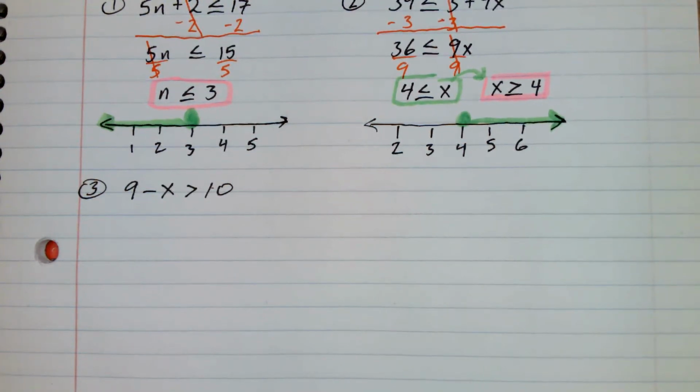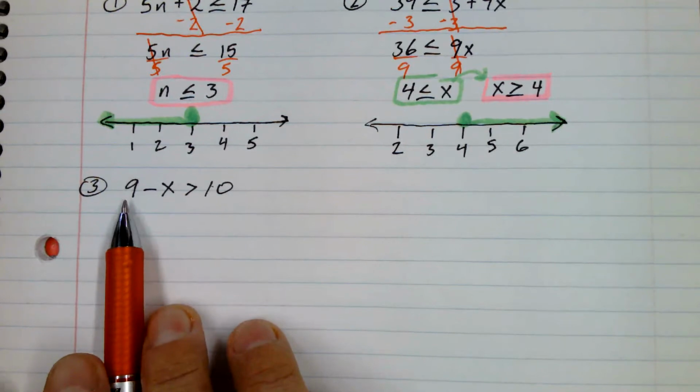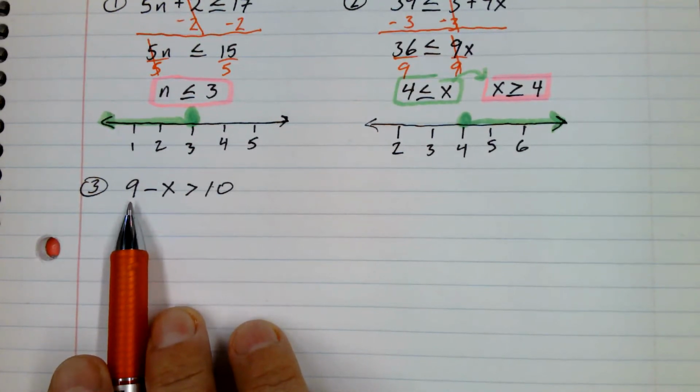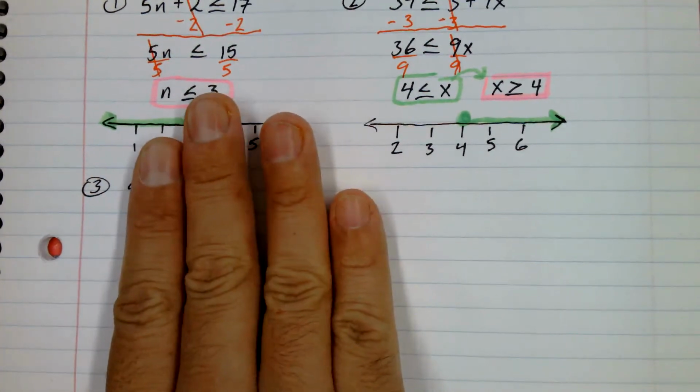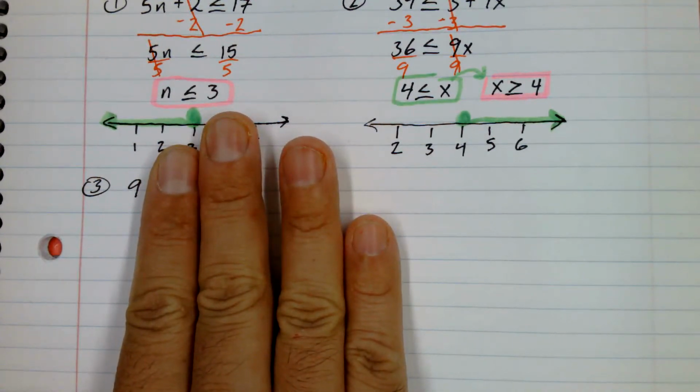Okay, what do I do first? Tell me what I should do first here. Ooh, that's a good question. I want to get rid of 9. What kind of number is 9 by itself? I know there's subtraction involved, but the number 9 in and of itself, take a look.